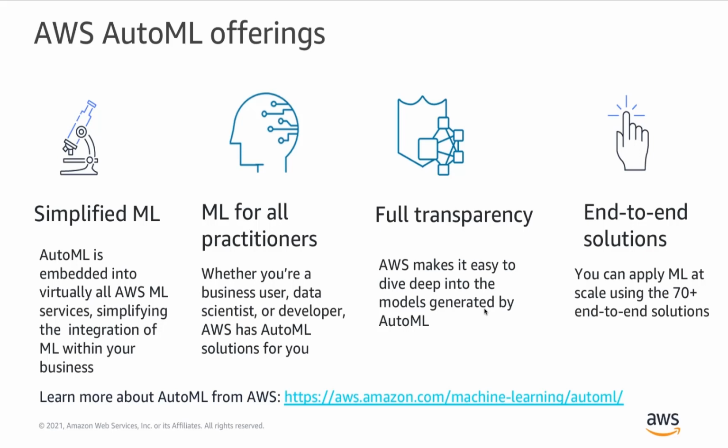There are AutoML solutions from AWS that you can leverage. And the way we think about AutoML, and this is super important, is maintaining full transparency. So AWS makes it easy to help you dive deep into the models that are generated by AutoML. That's why, going back to my earlier comment, AutoML capabilities help meet you where you are in terms of your expertise level and skill set. And we'll talk through more in detail as we go through the demo.